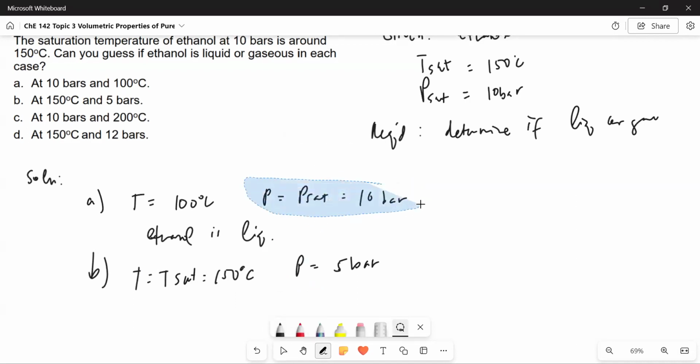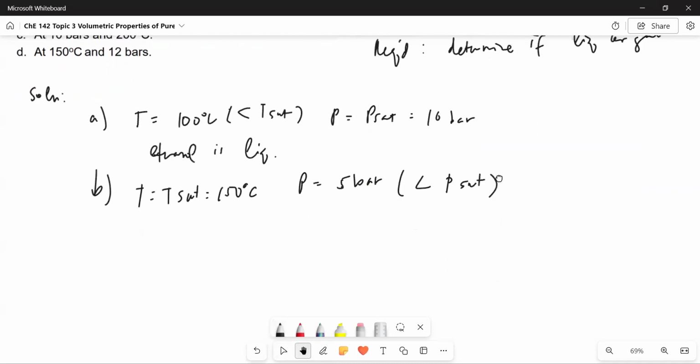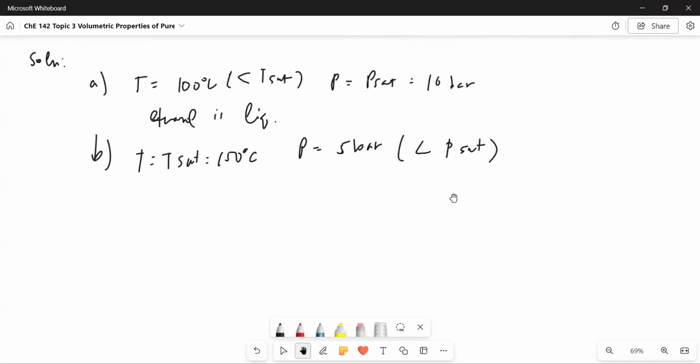Let me move this one. So I can put a symbol right here that it's less than Tsat. Okay? So this one is less than Psat. Therefore, the phase is liquid.